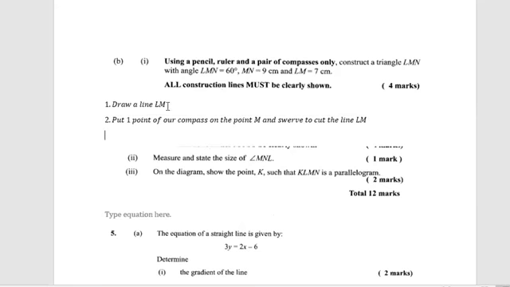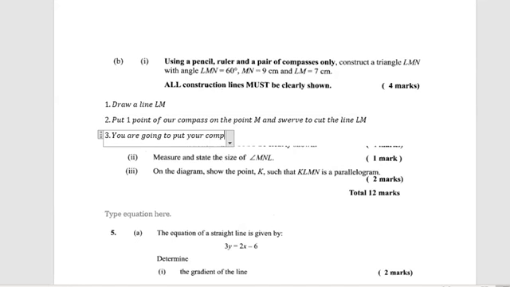So point 3 now. Where you just made that swerve and it cuts the line LM, you are going to put your compass and make another swerve to cut the original arc.